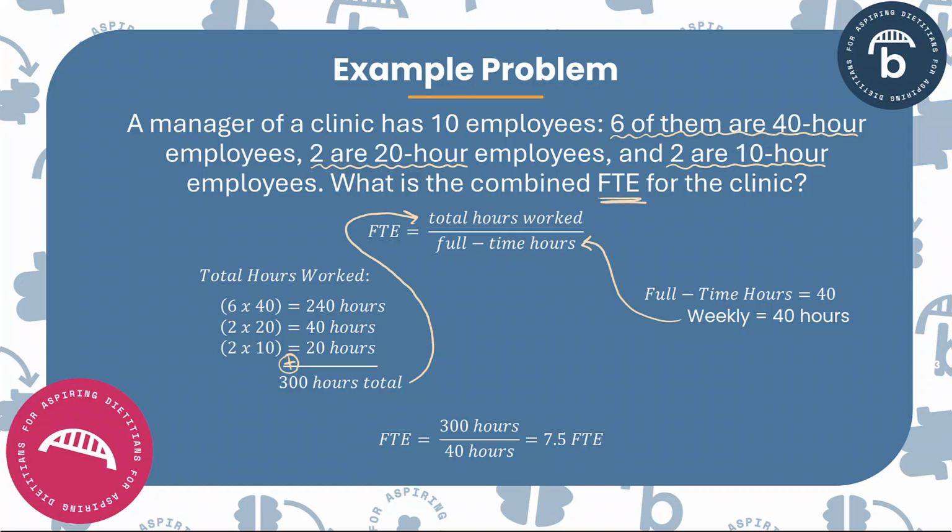That means this group of 10 part-time and full-time staff members is providing the equivalent of 7.5 full-time positions. This is why FTE is so useful. It's not counting heads, it's measuring actual labor. And remember, we could use this 7.5 FTE as an equivalent statement. If we know the wage per hour or wage per FTE, we can figure out the total salary or budget needed for staffing.